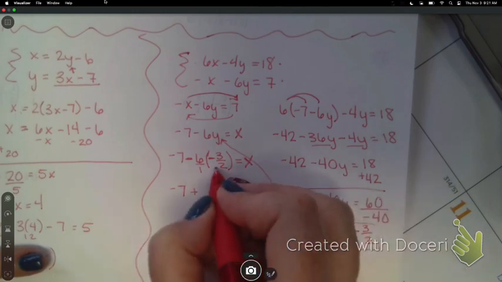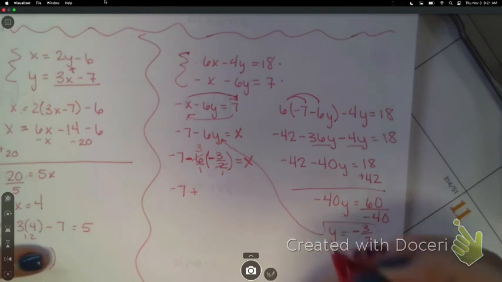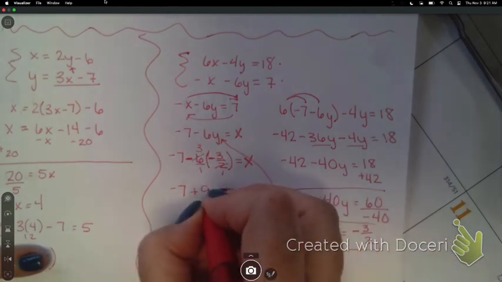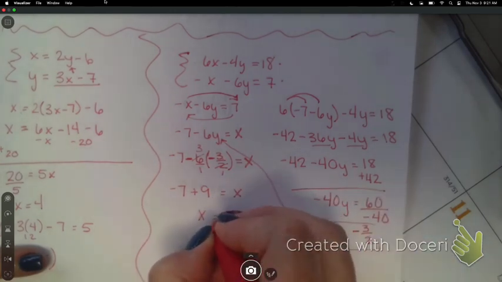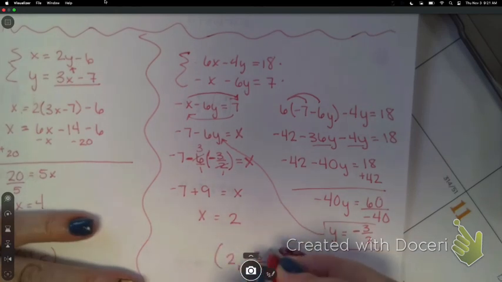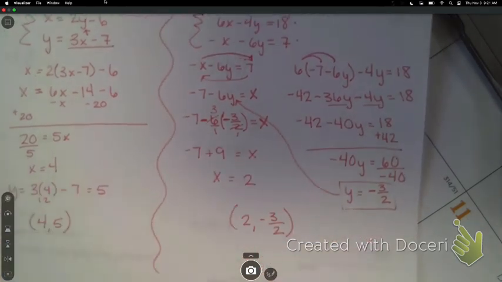Well, how about we reduce 2 into 6? 3. So 3 times 3 is 9. Negative 7 plus 9 equals x. So x equals 2. Now, there's nothing to say that you won't get a fraction and you have to get common denominators and all that. But you're going to try to avoid the fractions if at all possible, right?